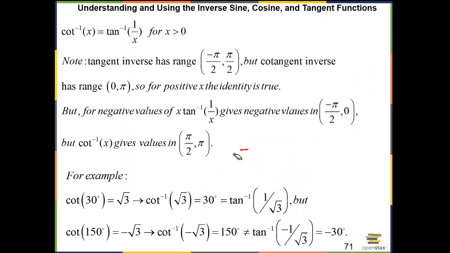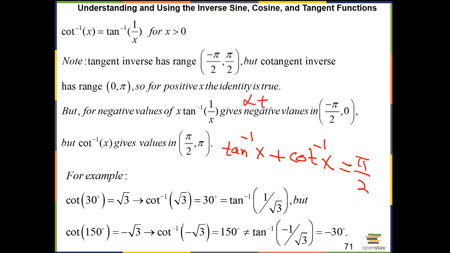I gave you an example here of why it doesn't work, but one thing that is always true is that tangent inverse of x plus cotangent inverse of x is always pi over 2. Remember we said if two angles add up to 90 degrees, then the function of one equals the cofunction of the other one.